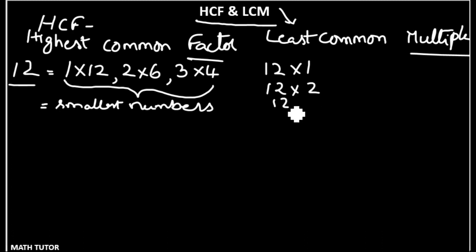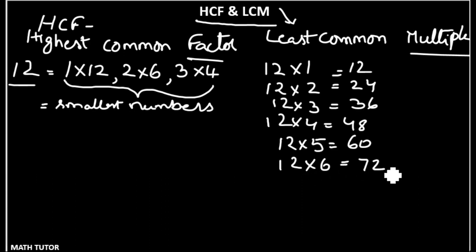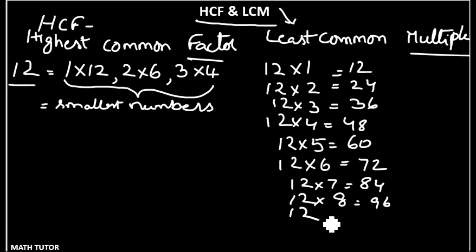12 times 1, 12 times 2, 12 times 3, 36. 12 times 4, 48. 12 times 5, 60. 12 times 6, 72. 12 times 7, 84. 12 times 8, 96. 12 times 9, 108. 12 times 10, 120.